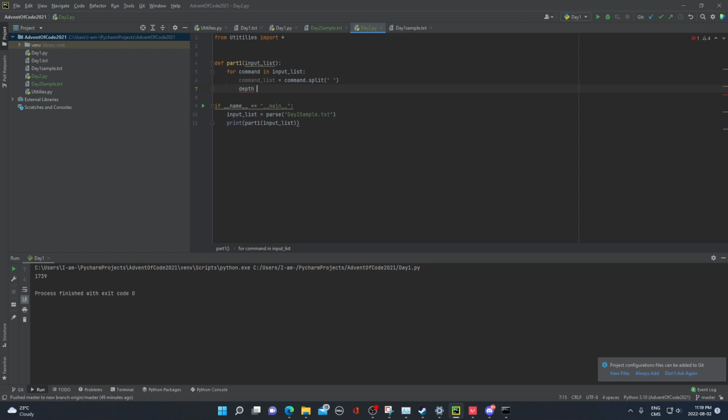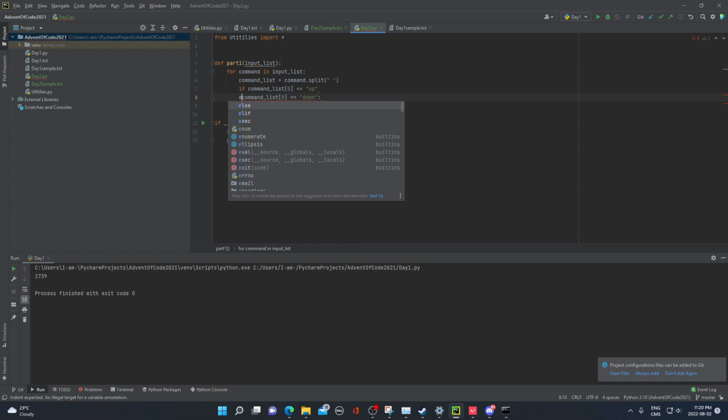And then we have depth. Or should we have direction first? If the first element of the command list is up or down, oh my god, French keyboard. We add or subtract depending on it, which we don't actually need the or.